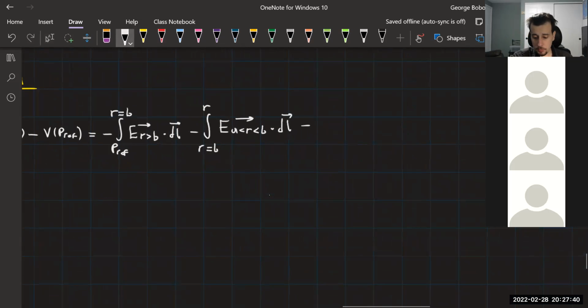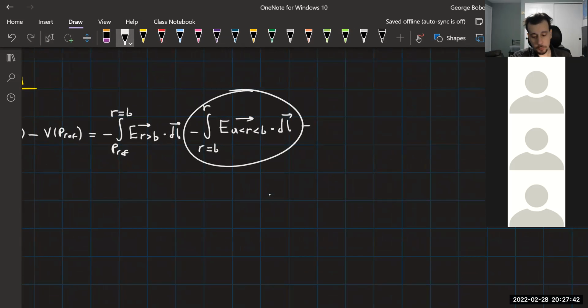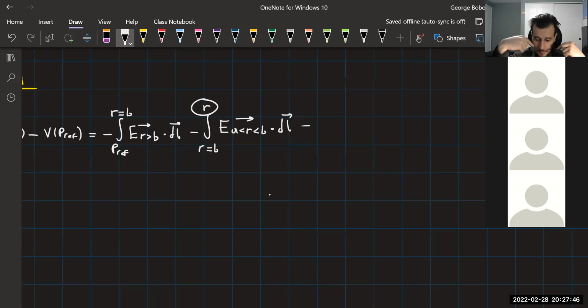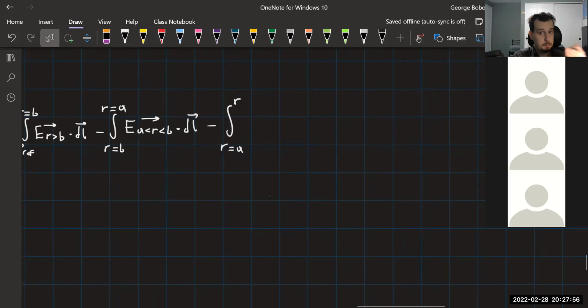Be careful though. The second integral now doesn't stop here. It goes all the way to the r equals a radius. And then we change region one last time here. And we go to some random r inside the middle conductor. But again, like I said, there's no electric field in this region, which makes this integral null.